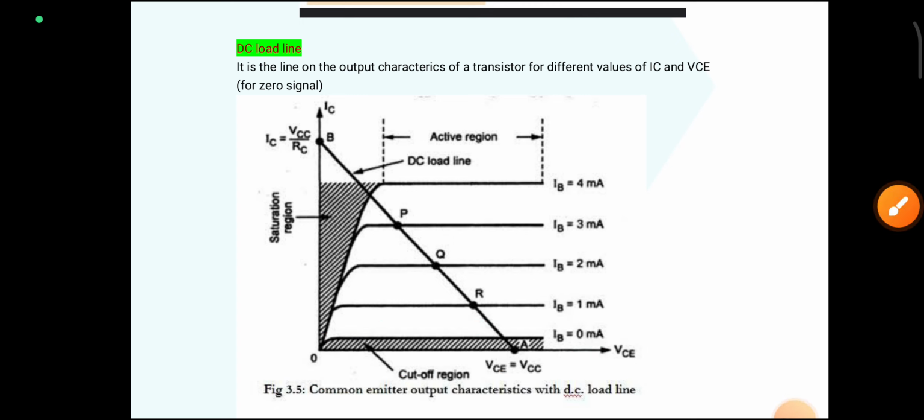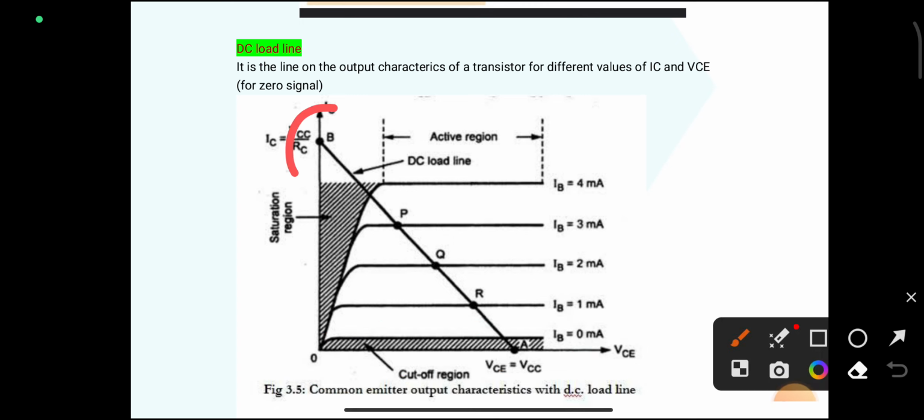Next we talk about this other point. Here, on the y-axis, the x-axis value becomes 0. We take the x-axis as VCE, so VCE is equal to 0.